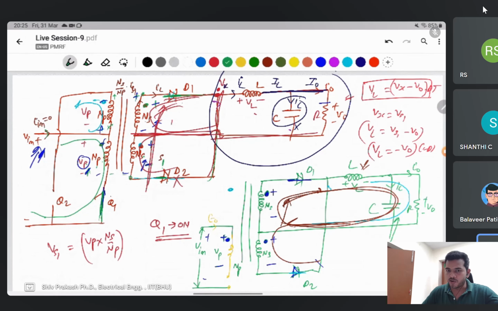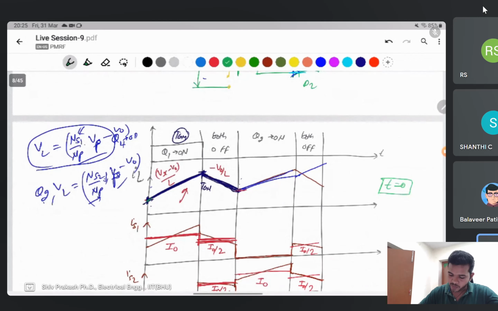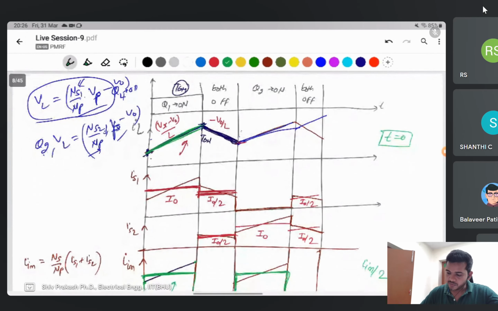Then you can't say this current will be purely linear. Pure linear current occurs only if the output voltage and input voltage are constant. If some variation occurs in the output voltage, then you can't say the inductor current will be purely linear in nature.